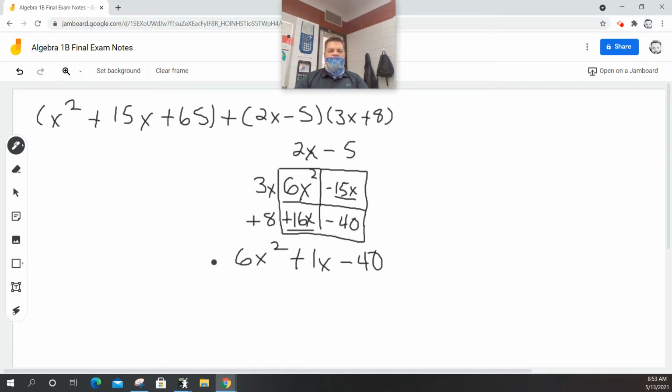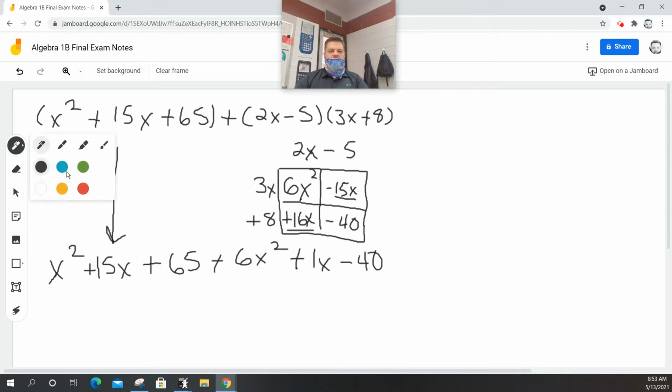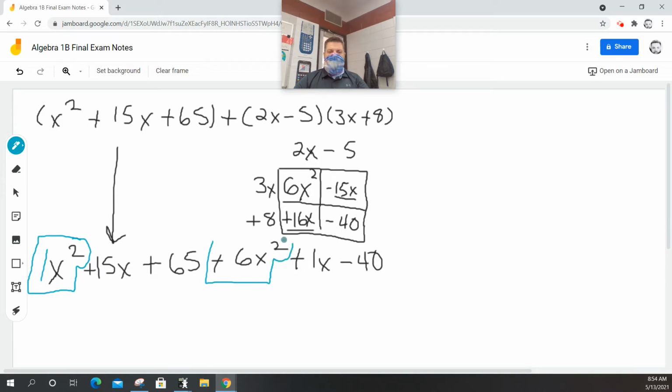And all of that is getting added to all this stuff, which is just x squared plus 15x plus 65. So now I'm going to have to combine like terms. I'm going to say 1x squared, and it's 1x squared. We don't write it down, but it's there, plus 6x squared. So I'm focusing on x raised to the second power. Those are like terms. What's 6 plus 1?